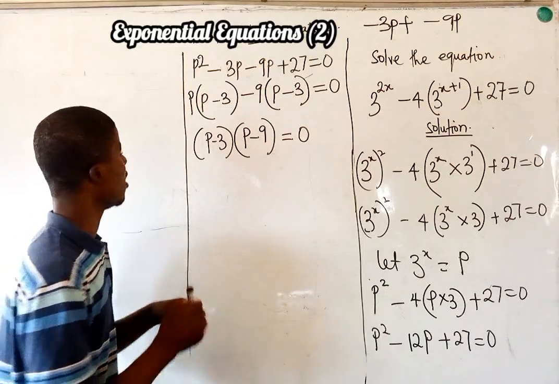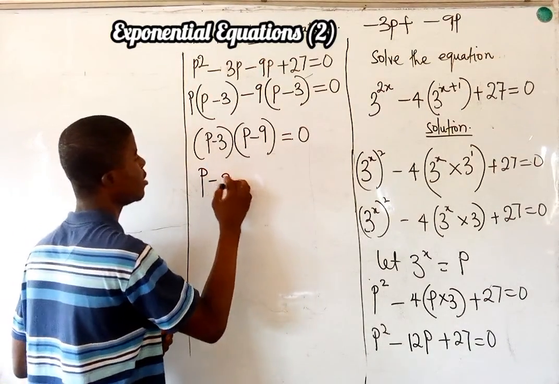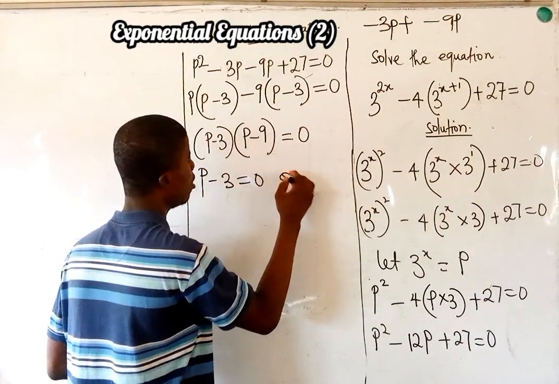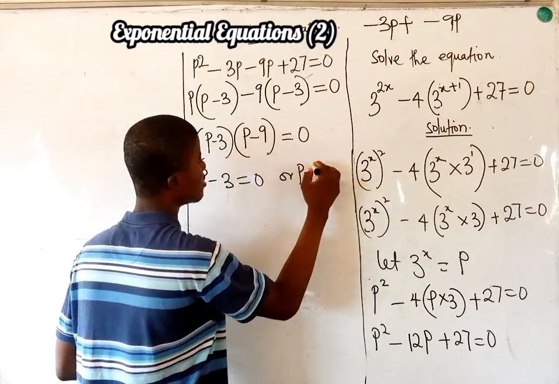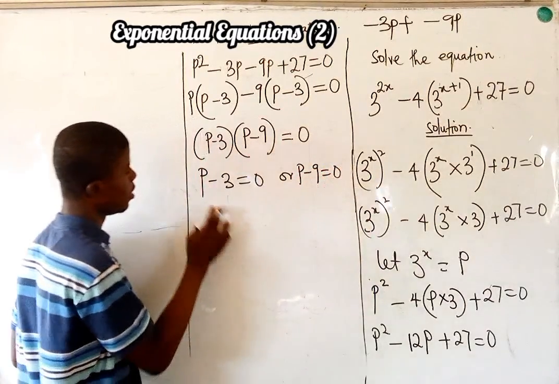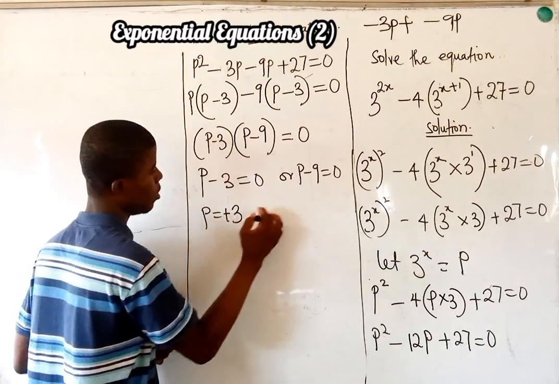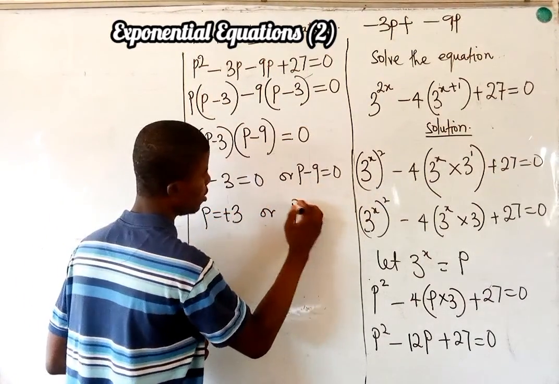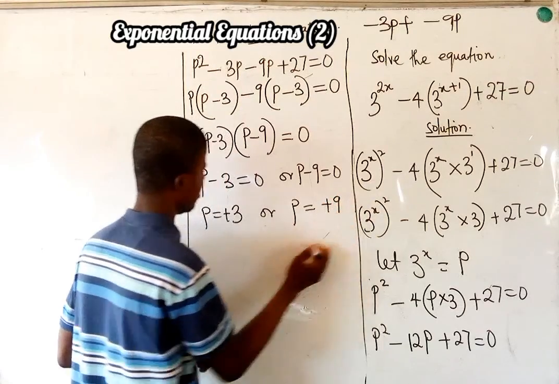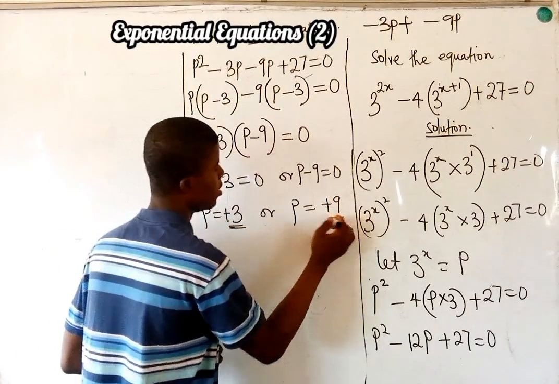So either p minus 3 is equal to 0 or p minus 9 is equal to 0. From here, p is equal to 3, or here p is equal to 9.